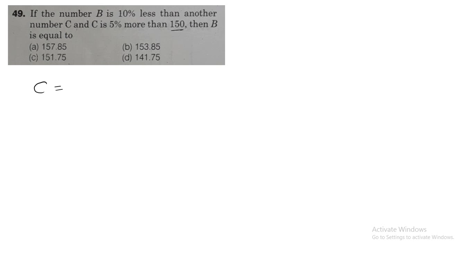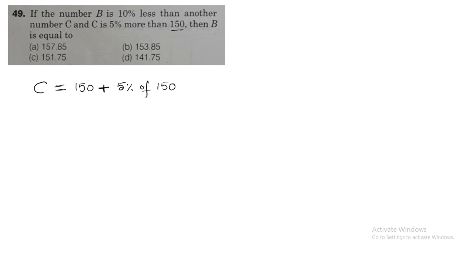So 5% more than 150 means, here "more" means plus, so 150 plus 5% of 150. So C is equal to 150 plus 5% of 150, because here he is saying 5% more than.